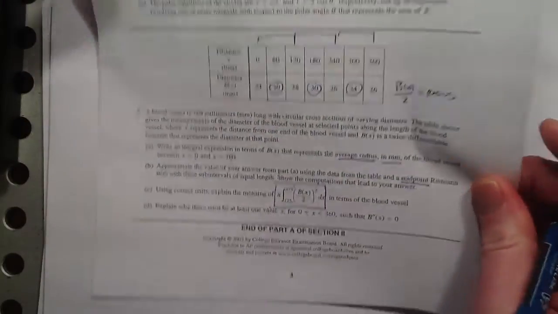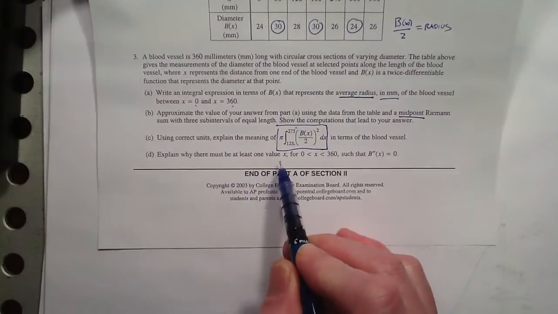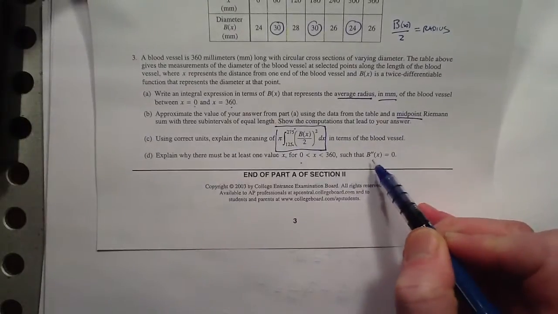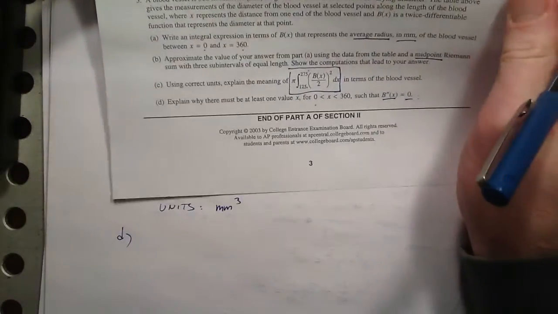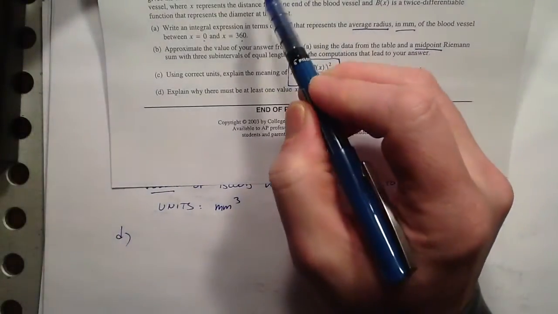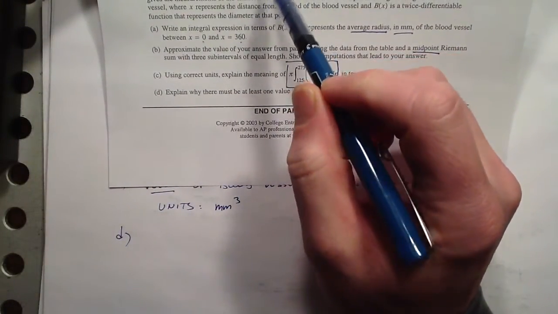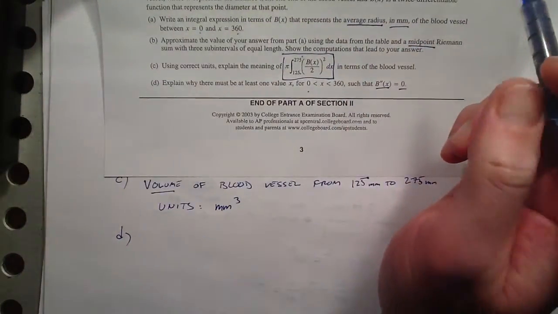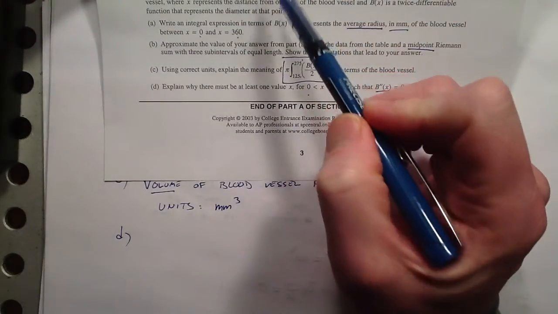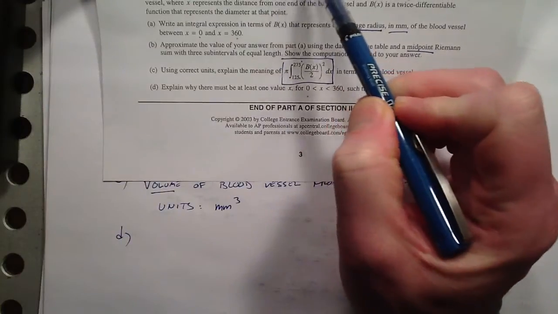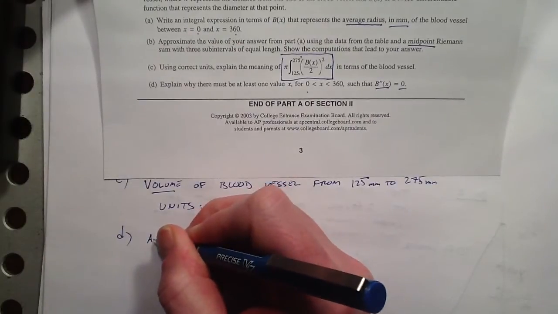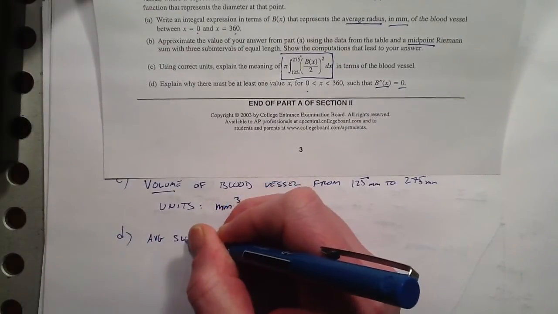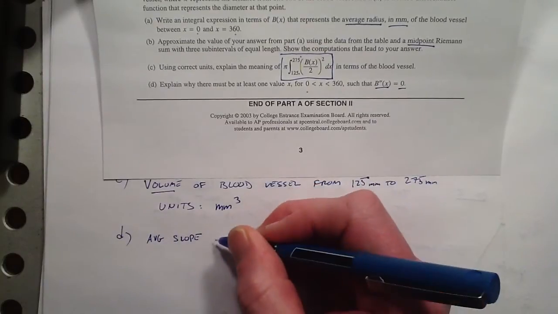And then last, explain why there must be at least one value between 0 and 360 where the second derivative is 0. Well, let's see. If we find, let's look at average slopes. What's the average slope from here to here?